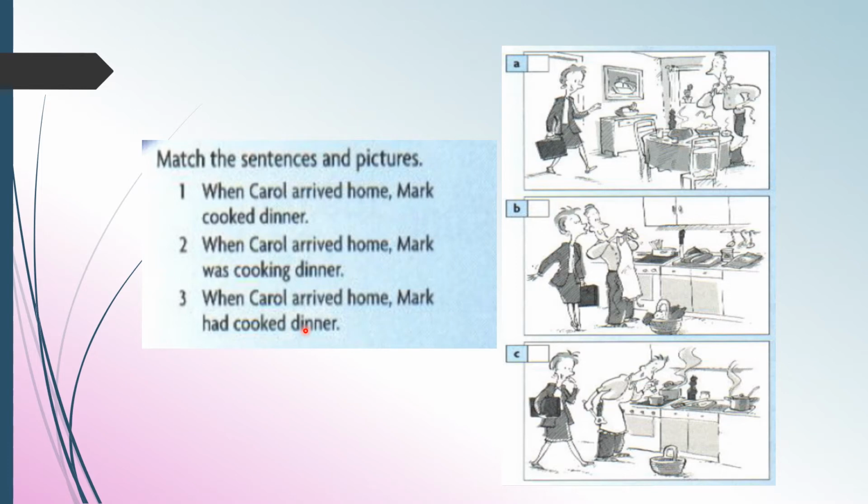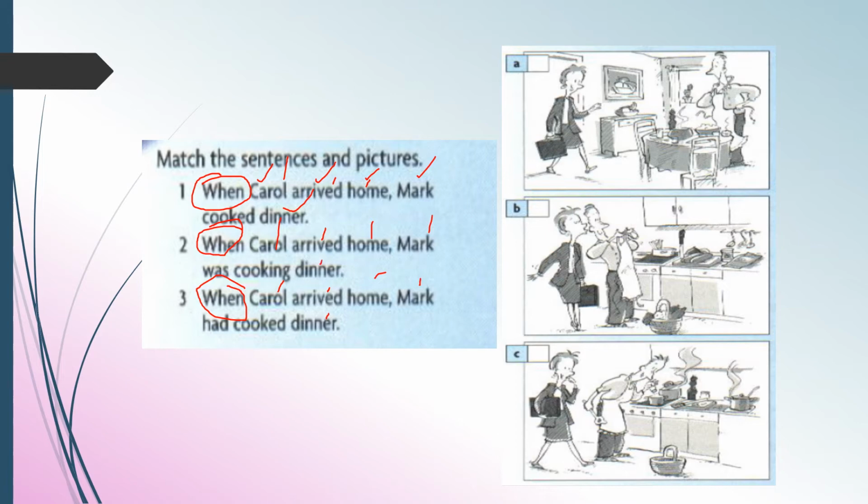So let's see the similarities and dissimilarities. Carol, arrived home, Mark, dinner. And of course you can say the basic word is when. So you can see when in all three sentences. Carol is there in three sentences, and arrived is there in three sentences. Home is there, Mark is there, and of course dinner is there.